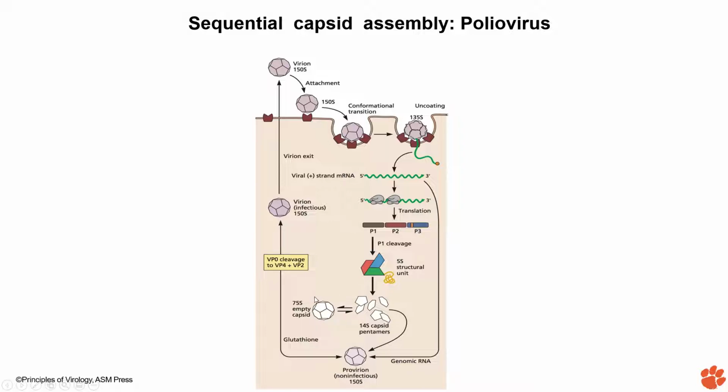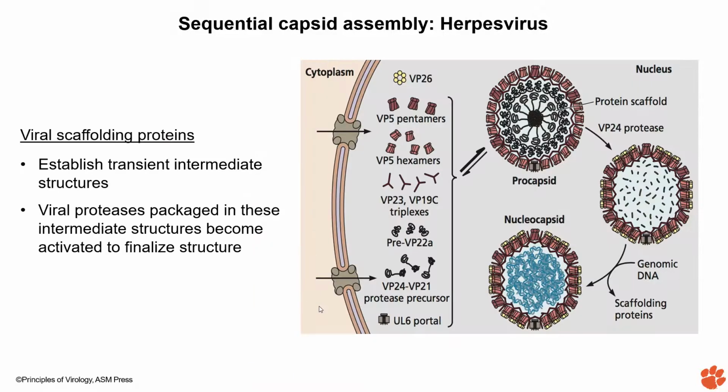But once this 75S empty capsid is formed, if you add the genomic RNA, it's not going to package it. So that's a dead-end product, basically. You have to add the genomic RNA along with the 14S pentamers so that they can be packaged together. If the 14S pentamers do not receive the genomic RNA, they will form the empty capsid and the process will be aborted. So that's your sequential assembly of the poliovirus.